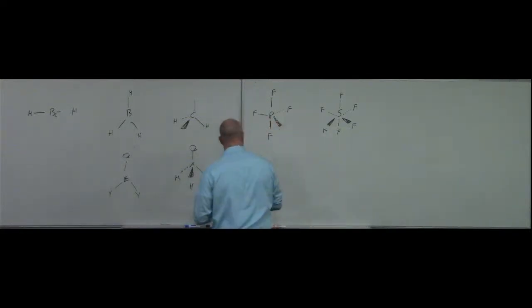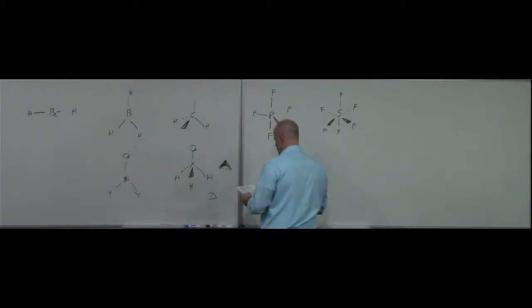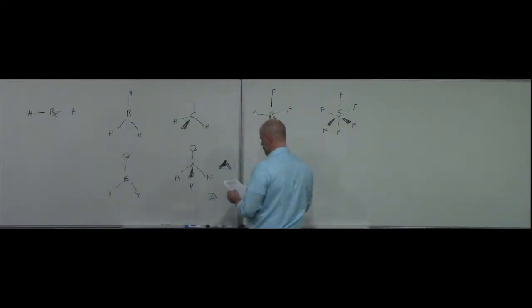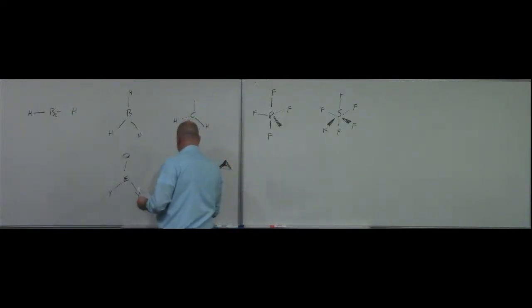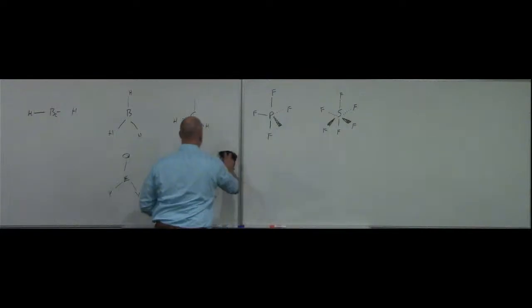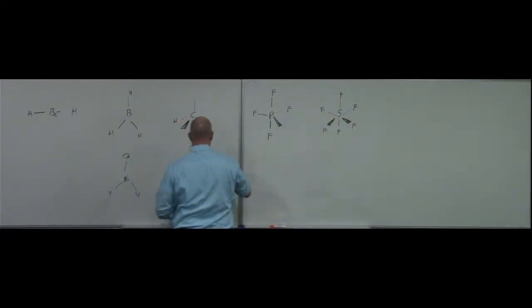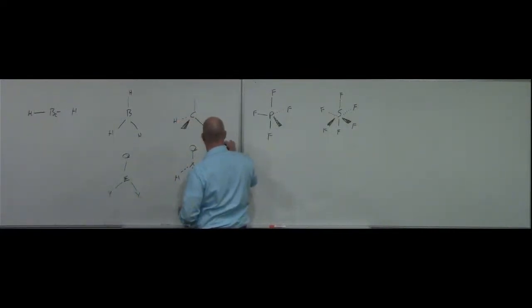Okay. Then we come over here and actually we could do this one with only 2 pairs. So it's the same thing, but now I've got unbonded electrons here, and I've got unbonded electrons here.